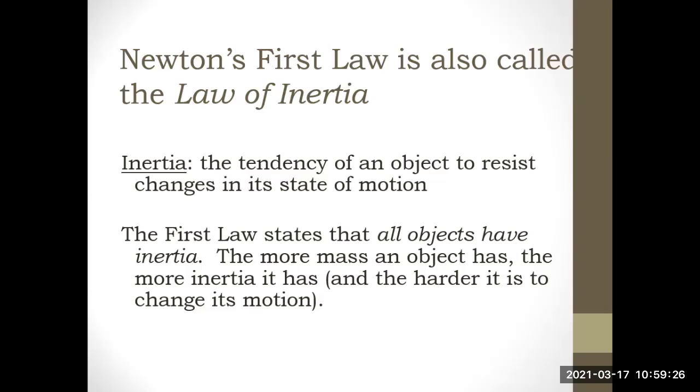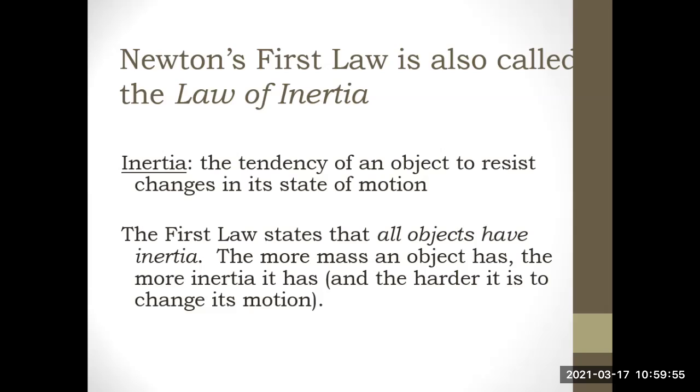See, the tendency of an object to resist change in its state of motion. It means if it is in the state of rest, it will be in the state of rest only. If it is moving with a constant velocity, it will move in a constant velocity only.